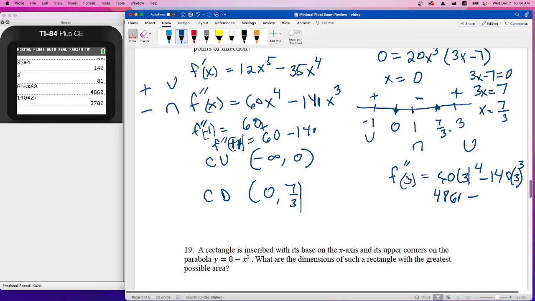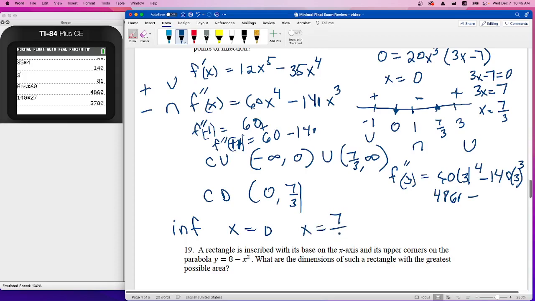And so what that tells us is that from 7/3 to infinity, because these are our two turning points, our two places where the concavity changes, it's positive, so it's going to be concave up. And the inflection points are x equals 0 and x equals 7/3. So there's that connection.